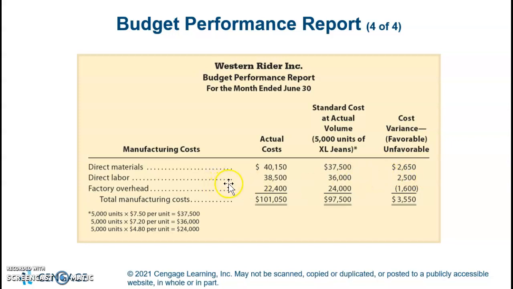Look at factory overhead. It costs $22,400, but we thought it would cost us $24,000, so that is favorable. So when you net the unfavorable with the favorable, we had an unfavorable difference of $35.50 variance.